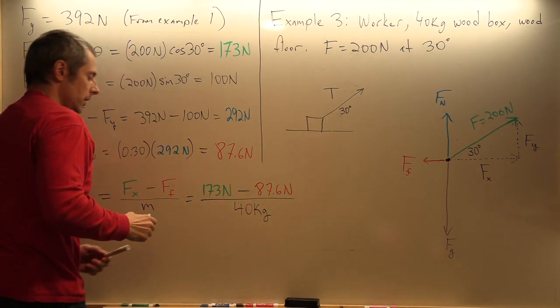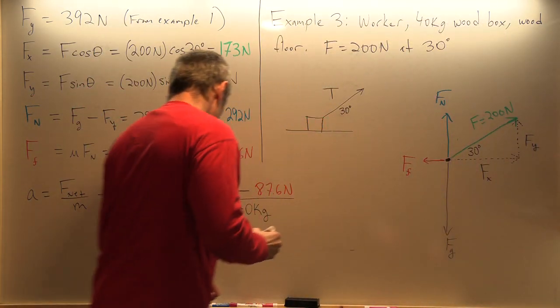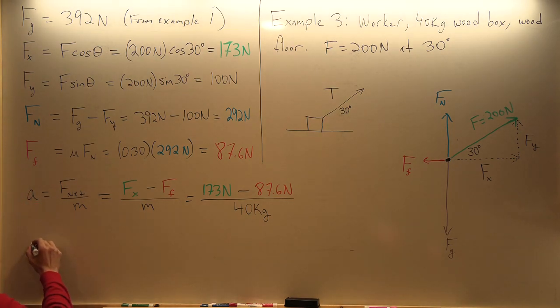All we have to do is now punch that in on a calculator, and we get 2.1 meters per second squared.